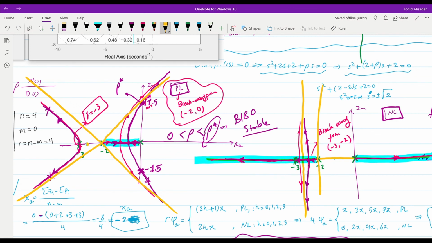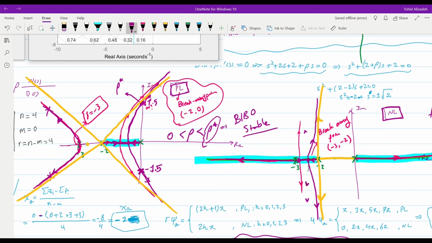Over here as well, the actual asymptotes will be like this. And therefore, when drawing the Root-Locus for the negative locus, we will have this kind of graph. Sorry for that mistake, but I guess you have got the general idea of how to do it for this system.